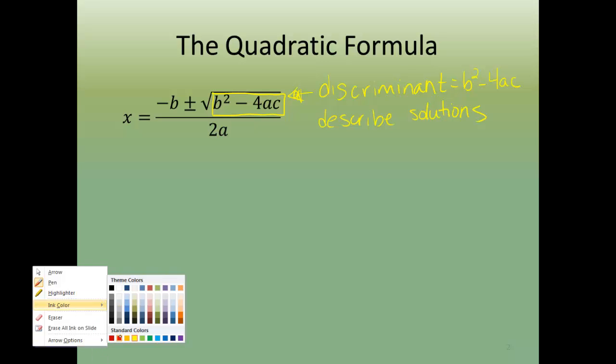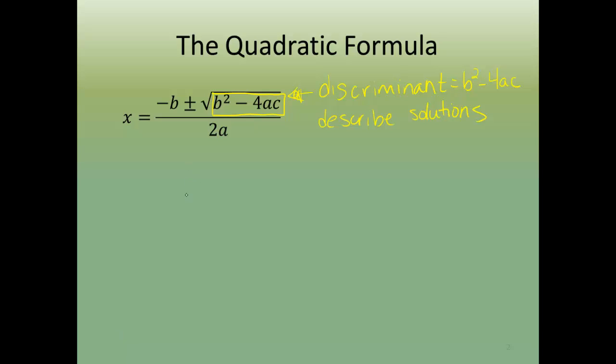So, for example, if we have a discriminant value that is negative, in other words, I'm taking the square root of a negative number, that tells me something about the type of solution I have.